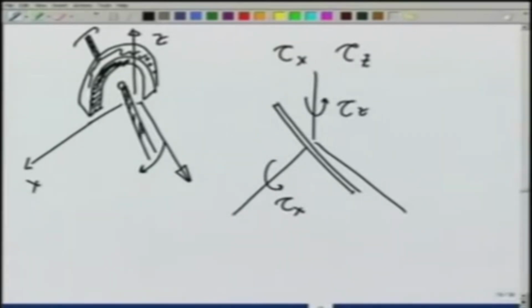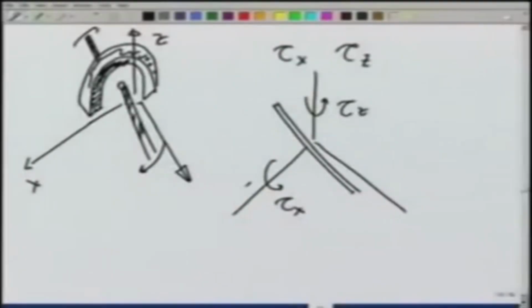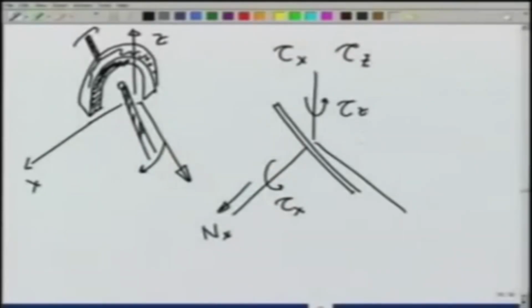On the other hand, I cannot push it along the x direction, and therefore, it gives me a normal reaction along the x axis. Suppose I could push it along the y direction, then there is no force in this direction, but I cannot push it along the z direction.